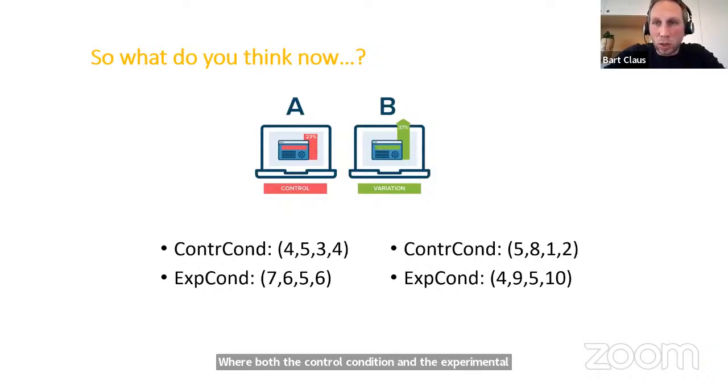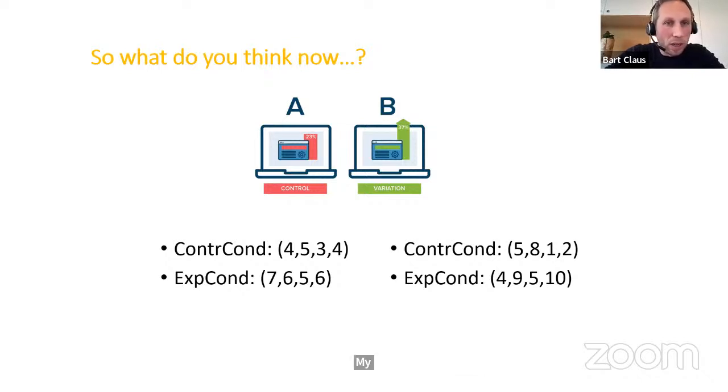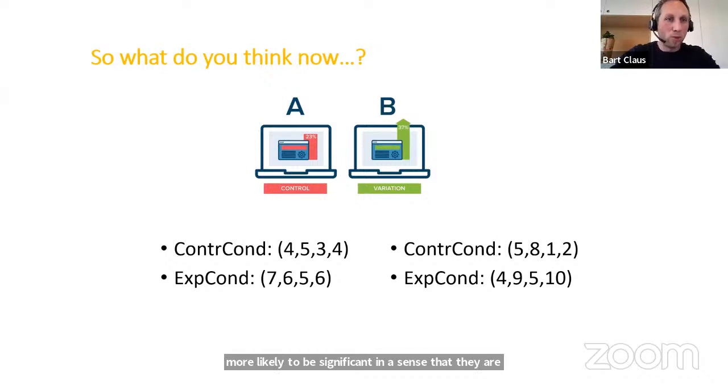My question to you, which of those two differences are more likely to be significant, in a sense that they are less likely to be due to chance? We can use the heart again for the left one and the party thing for the right one. I already see some hearts, many hearts.